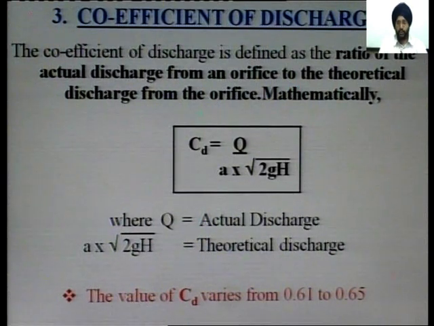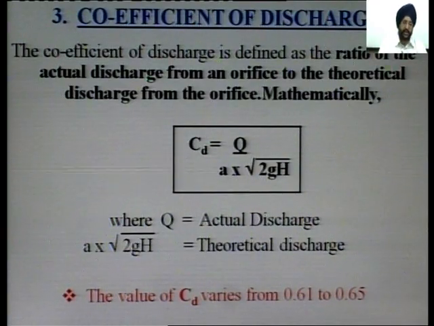The third coefficient is the coefficient of discharge, denoted by Cd. It may be defined as the ratio of the actual discharge from an orifice to the theoretical discharge from the orifice.